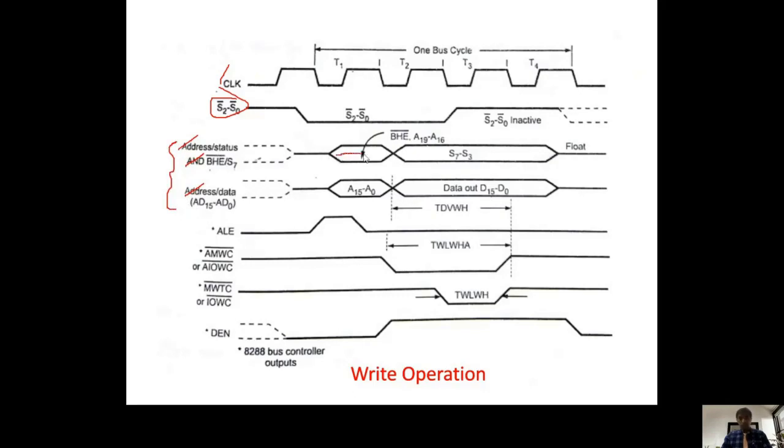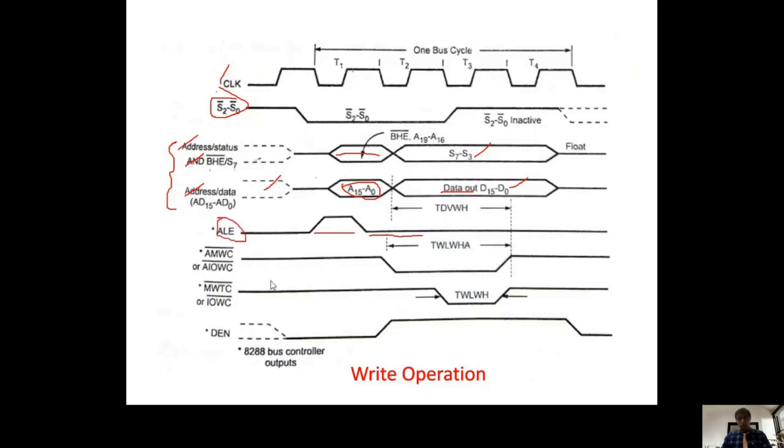During T1 they separate into address and BHE bar in this case, and after T1 act like status. Similarly AD0 to AD15 are also multiplexed before T1. During T1 they separate like address. After T1 they act like data lines, D0 to D15, meaning T2 to T4 we have data. Next, ALE should be high during T1 time, and from T2 to T4 ALE should be low.